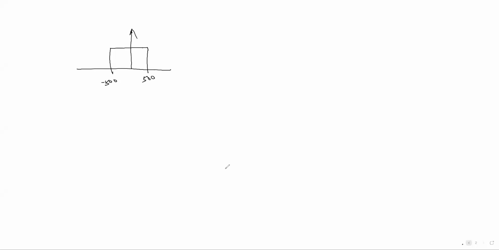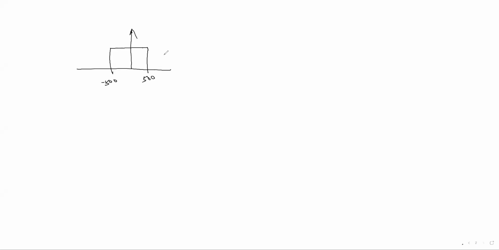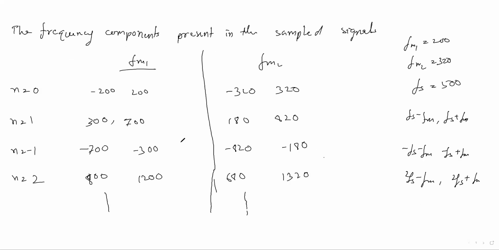If we pass all these frequencies, what frequencies will we find? At the input of the low pass filter, there are the frequency components of the sampled signal. The output will present only the frequencies less than 500.